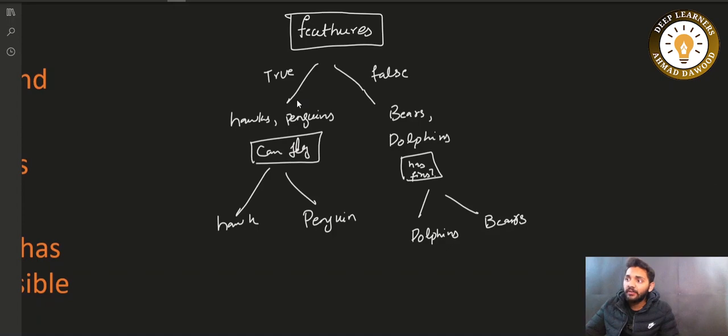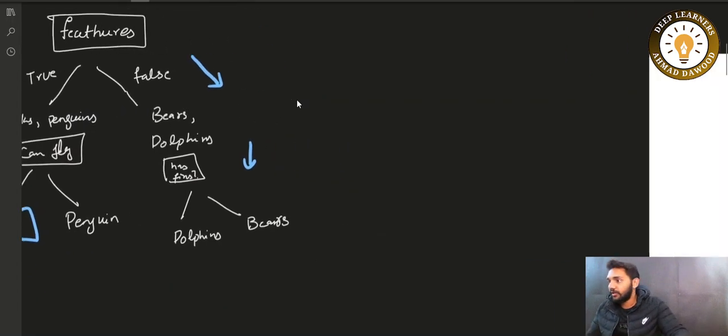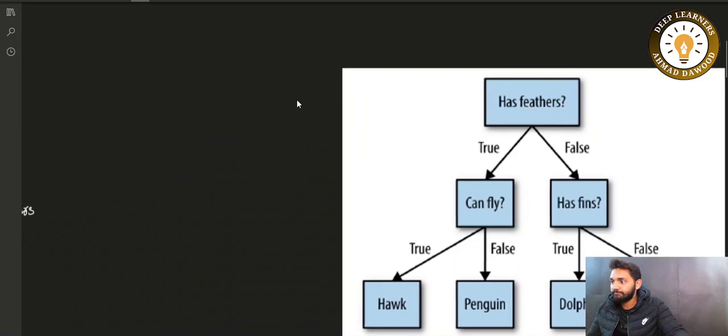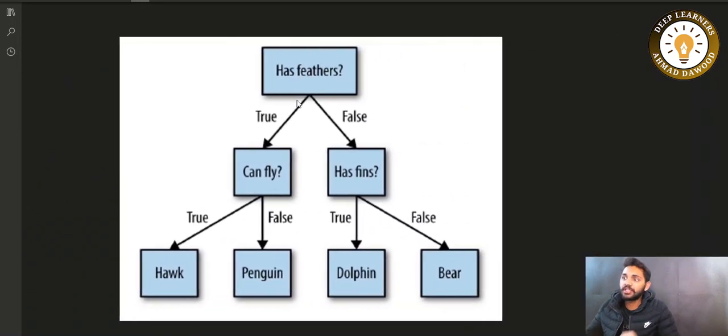Now whenever a new data point comes, you will ask the same questions. Does that particular data point have feathers? If it has, then you will go towards this side. If it doesn't, then you will go towards this side. Again you will ask a question, until you reach your class. If I show you a better image, you can see it that way.